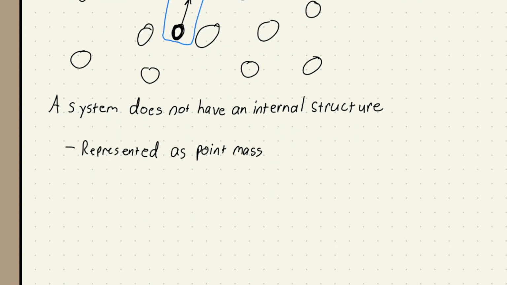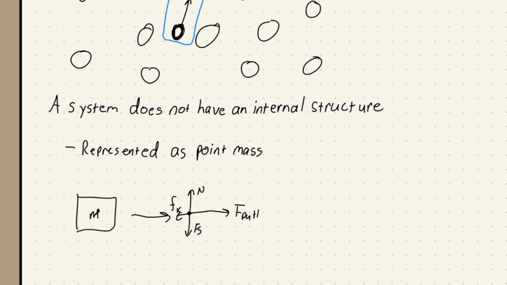If I had a block, maybe a mass, and it was uniformly distributed, I'd say that my center of mass was maybe right here in the middle, and then I could just represent that block as a single dot, and then I could draw maybe some forces, like a normal force, a force of gravity, maybe there's a friction force, maybe there's a pull force, something like that. And I can represent all of my forces on that dot. So a system isn't too complicated for our needs right now.